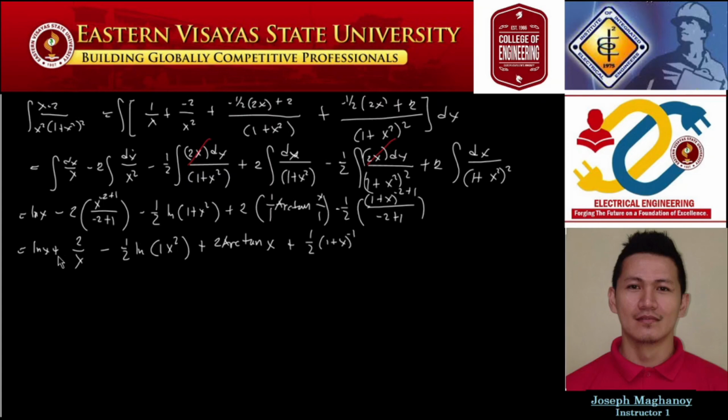So ln x plus 3 over x minus 1/2 ln of 1 plus x squared, plus 2 arctan x plus, bring it to the denominator, it will become 1 over 2 times 1 plus x. Okay, so we're done with our fifth term.